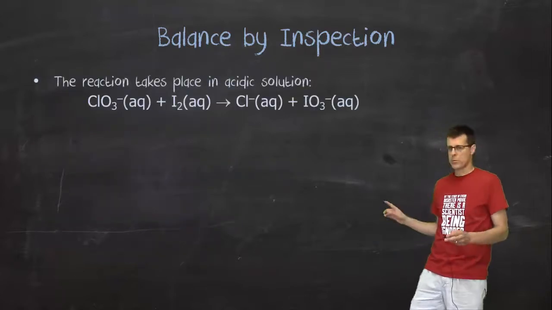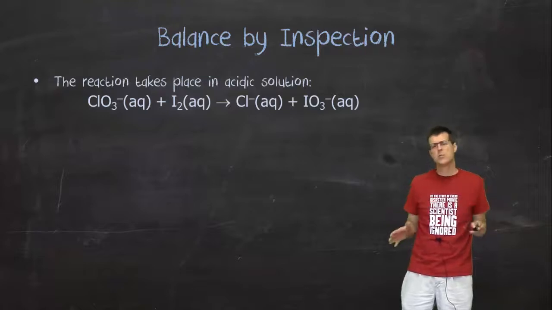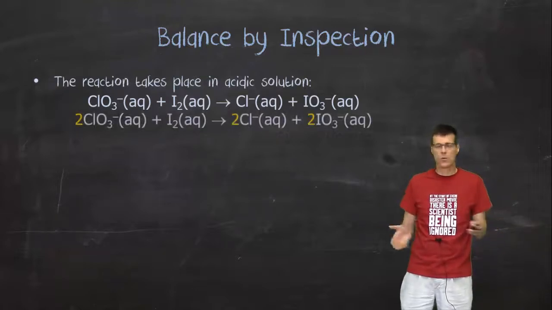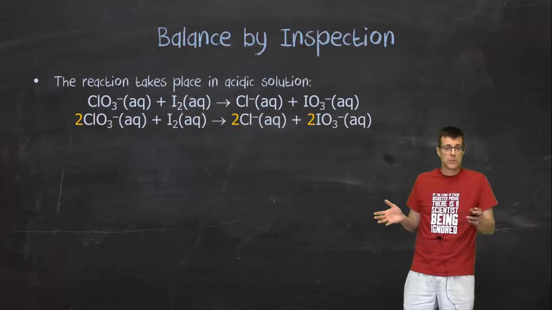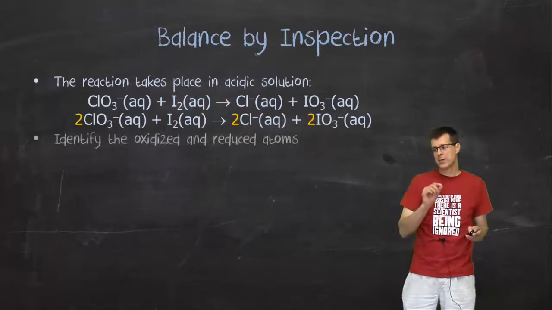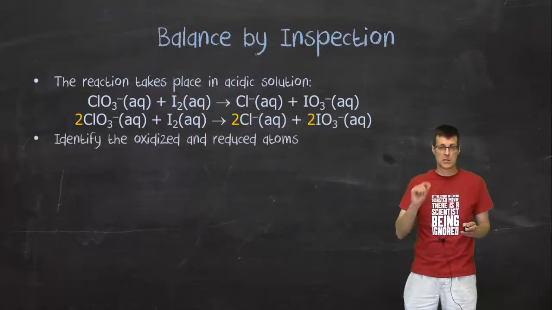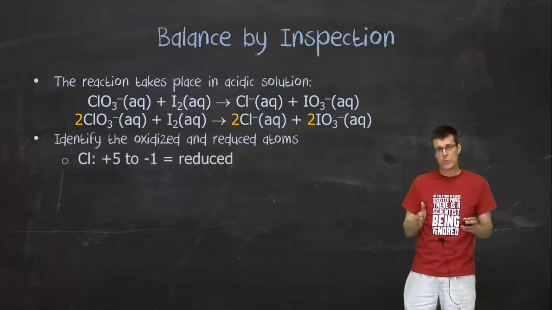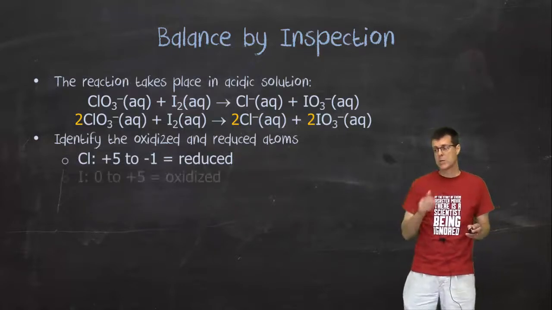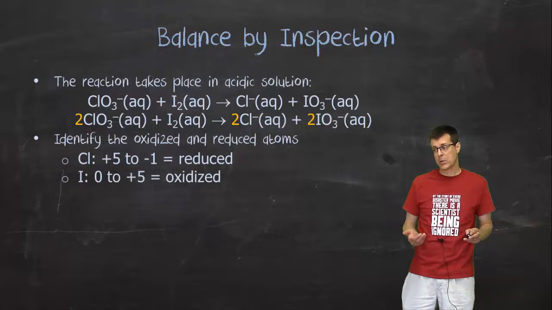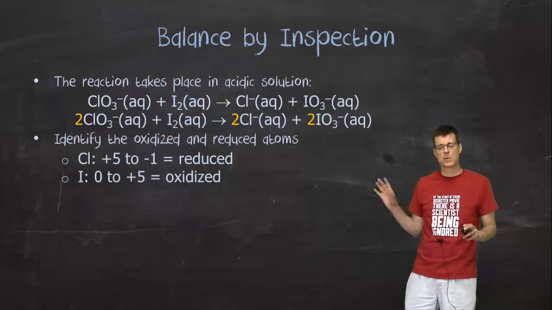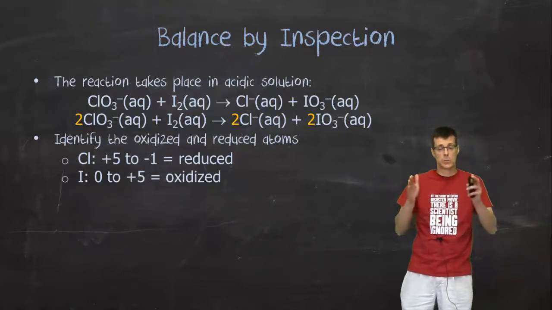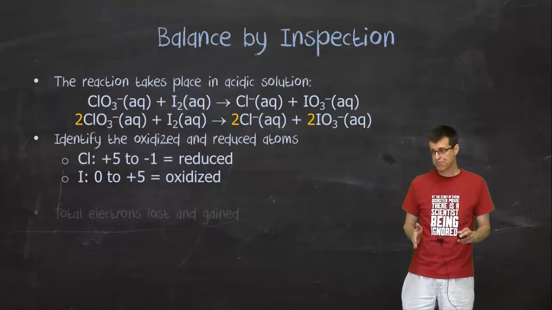But if I gave you this reaction and asked you to do exactly the same thing, let's go through it a little bit quickly. You count up the atoms, you do that. If I start looking at the oxidized and the reduced atoms, chlorine has been reduced, iodine has been oxidized. If you're not really sure where those come from, think back to the previous video about identifying oxidation numbers.